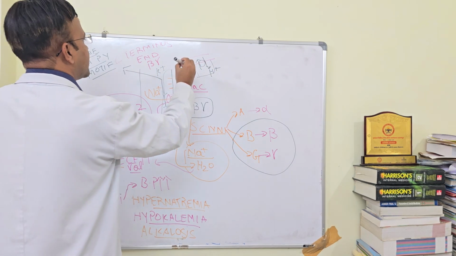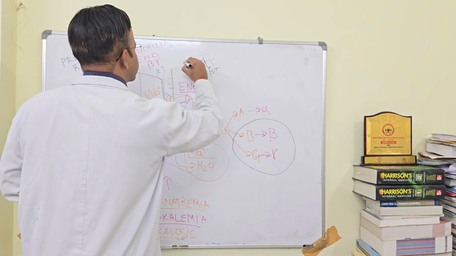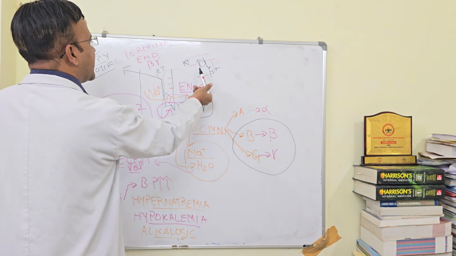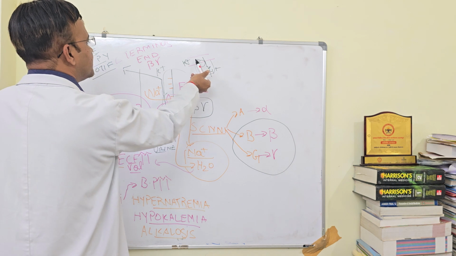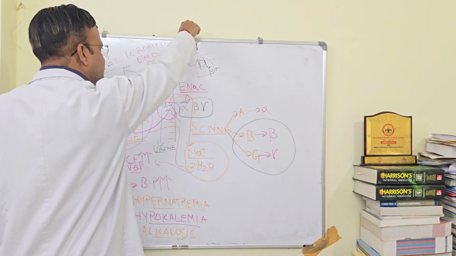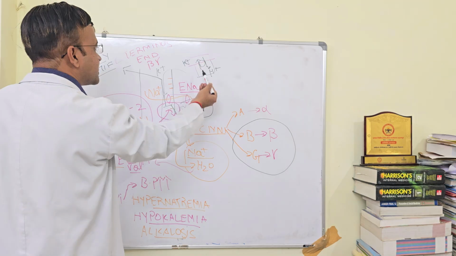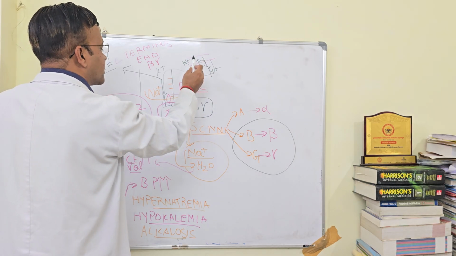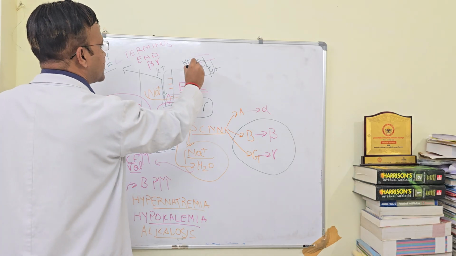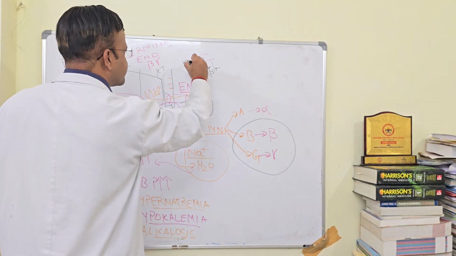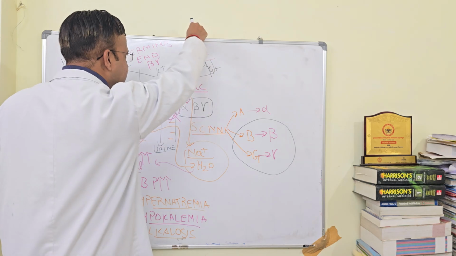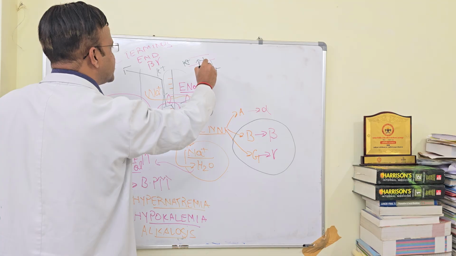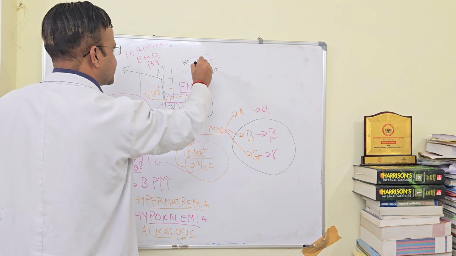So in case of hypokalemia, what will happen? More K plus will enter from the cell into the blood vessel, but more H plus will enter into the cell. K plus will go from the cell into the blood to compensate for the hypokalemia. This potassium will become normal, but this H plus will come in. So what you will get is basically alkalosis, right?